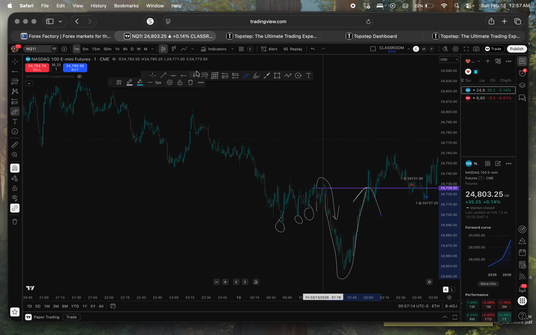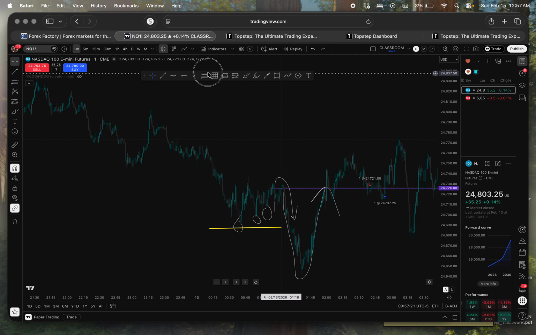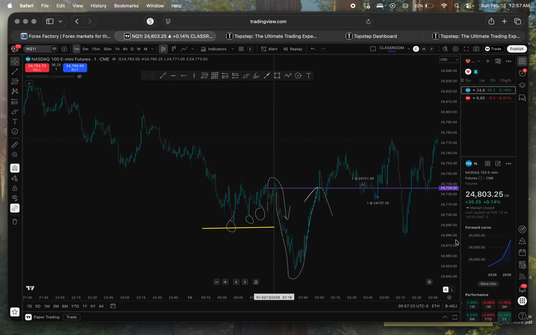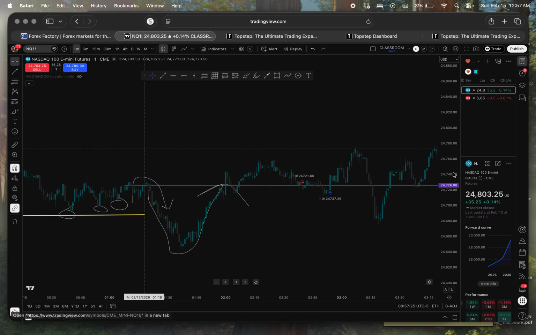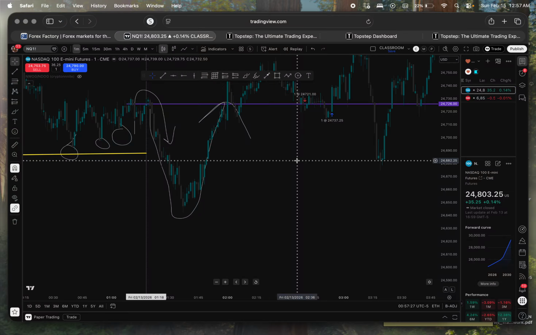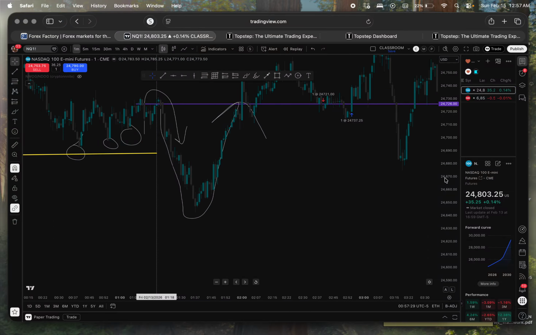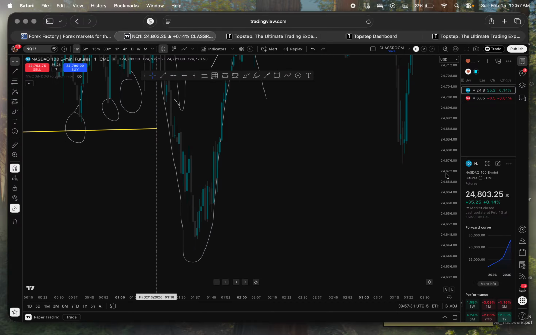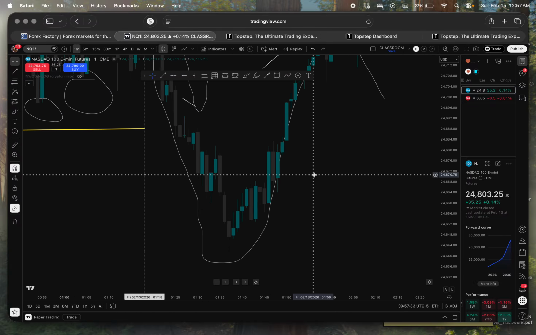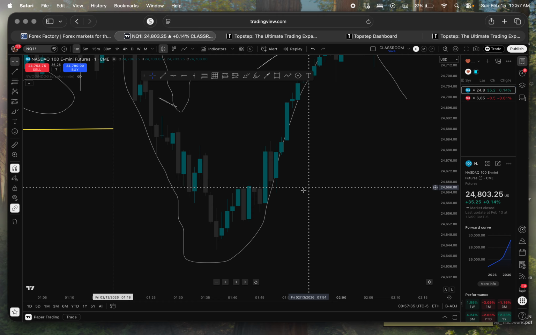Again, we could say these are relatively equal lows. This is not perfect, but I'm trying to give you the idea that you can ultimately make your money going down. You can say, okay, that's a liquidity draw. I'm going to look for a fair value gap now.